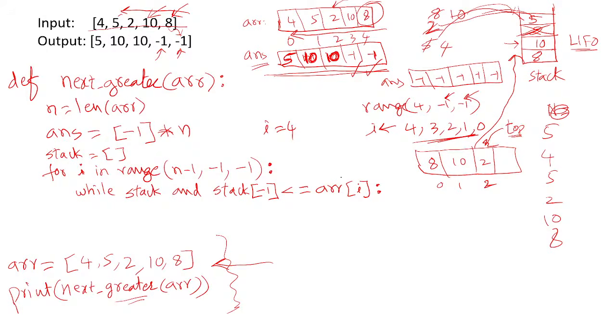Initially, if there is no such element, you need to push the current element into the stack. But if there is an element smaller than the current element, we encountered a smaller element 2 here, and there may be a next greater element after this one. That's why you need to pop it from the stack. You just say stack dot pop. That means all smaller elements you are popping out from the stack.